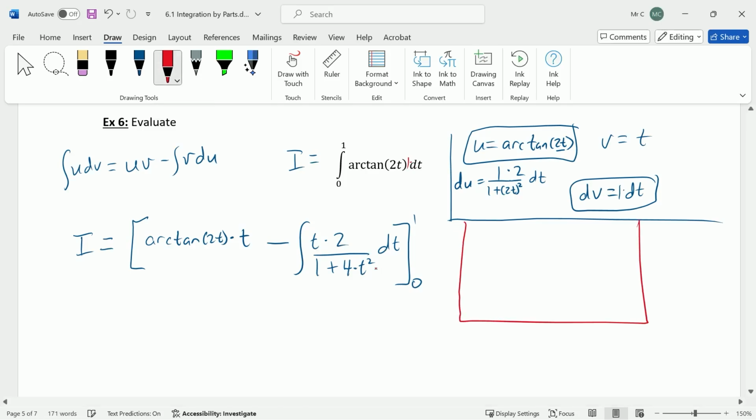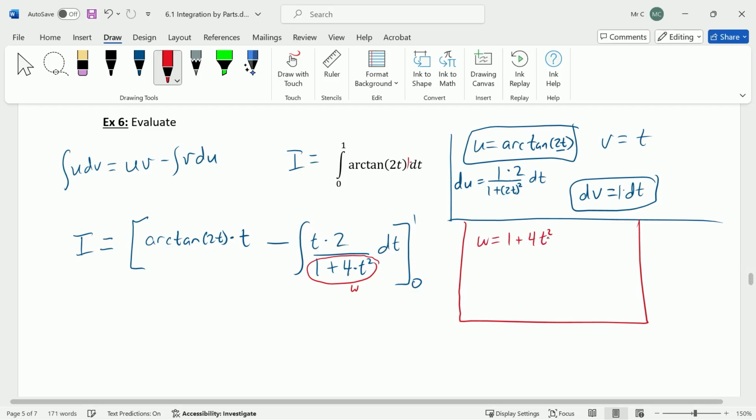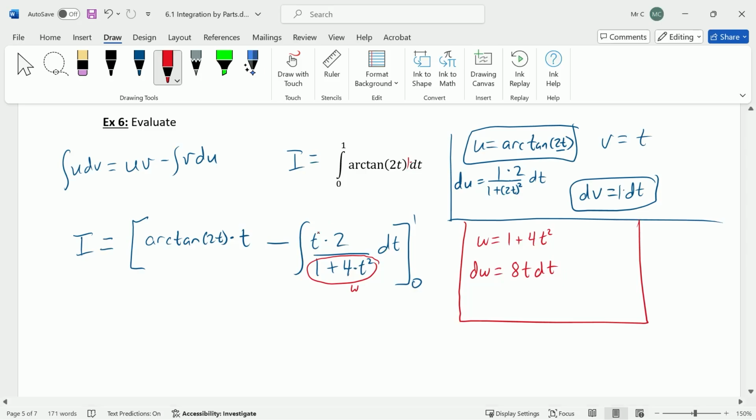Now when I look at this, I see a substitution here, but it's not a simple constant multiple substitution. So I'm going to set this to be my w. W is 1 plus 4t squared. So dw is 8t dt. And here I've got a t and a dt. So I'll just isolate the t dt. Get dw over 8 equals t dt.